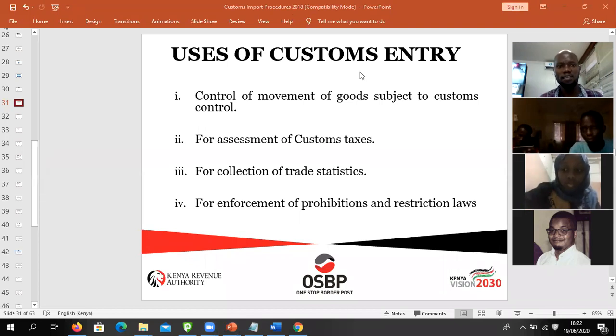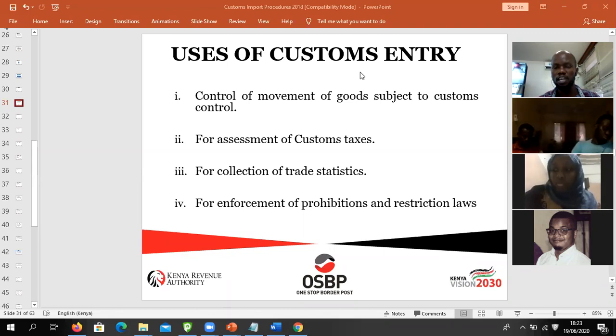So, like I'd said, the following are the uses of a customs entry. One, control of movement of goods subject to customs control. As earlier on, we had seen various types of goods can be subject to customs control. This can include consignments whose duties have not been paid, and therefore, in one way or another, are supposed to be collected, or are supposed even to be warehoused in a customs warehouse. So such goods can be controlled once they are entered and captured in entries.